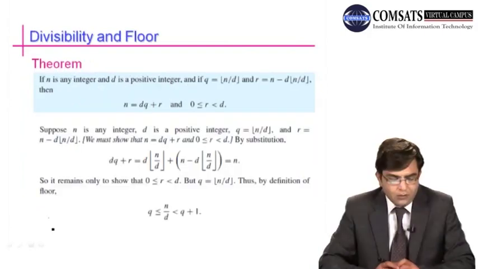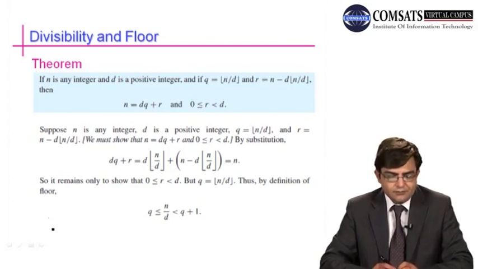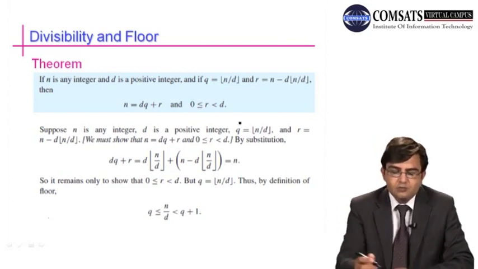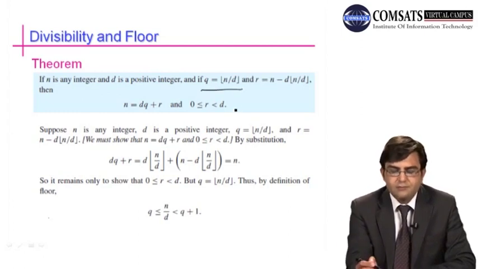Now, what is the relation between divisibility and the floor function? Here we have a theorem which shows the relationship between divisibility and floor. If n is any integer and d is a positive integer, and q is the quotient, the quotient can be written as the floor of n by d.